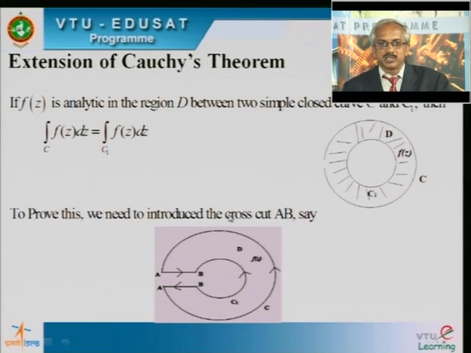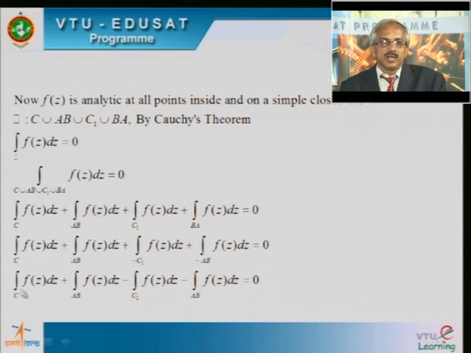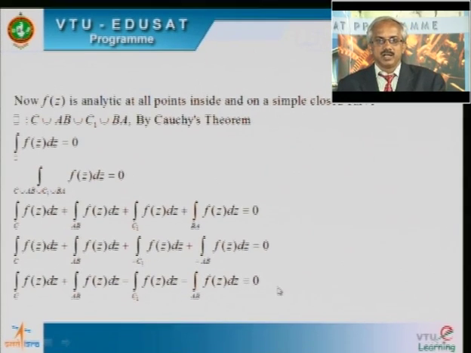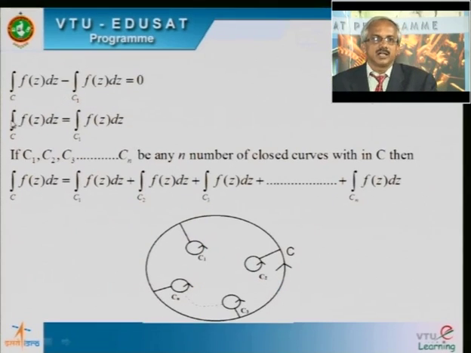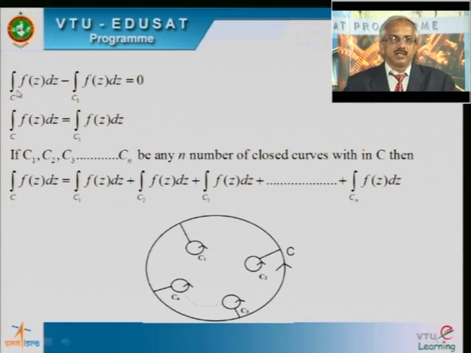Therefore the curve C1 is traversed in the opposite direction, so it is minus C1. Again BA is minus AB, in the opposite direction. So the integral along AB and the integral along BA cancel, and finally we get the integral along the curve C of f of z dz minus the integral along the curve C1 of f of z dz is equal to 0, hence the result.